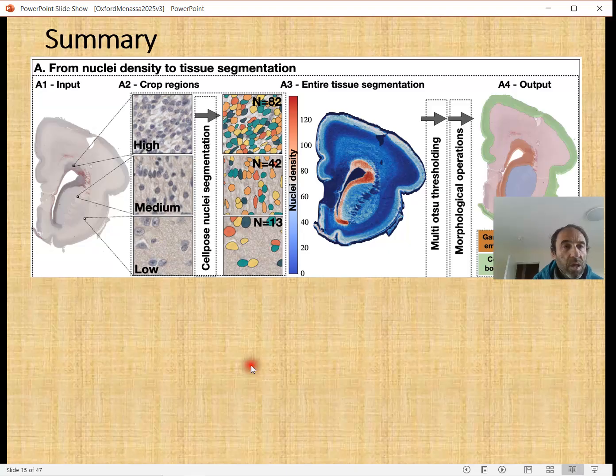So in summary, we can go from these immunocytochemistry images labeling the nucleus, which allows us, with the first part of the algorithm, auto-thresholding and some morphological operations on the image itself, to obtain 4 regions of interest.